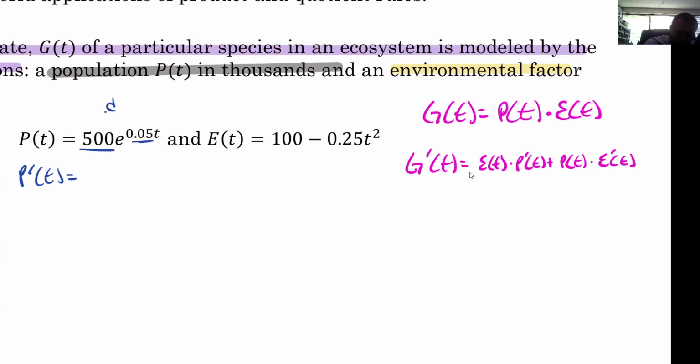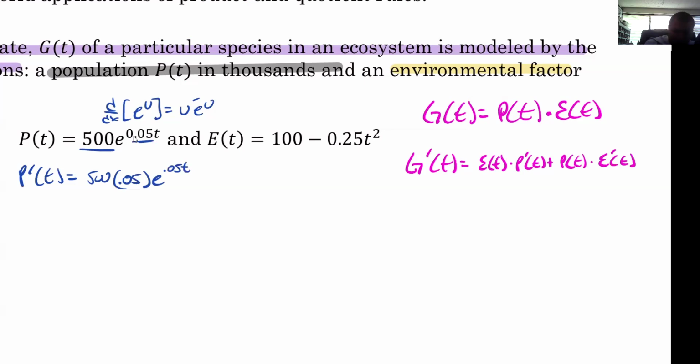Technically it's a chain rule. We know the derivative of e to the anything is just the exponent's derivative times e to the u. So if I take the derivative of the exponent, I'm going to get just 0.05. I still have my constant of 500 out front, and then e to the 0.05t.